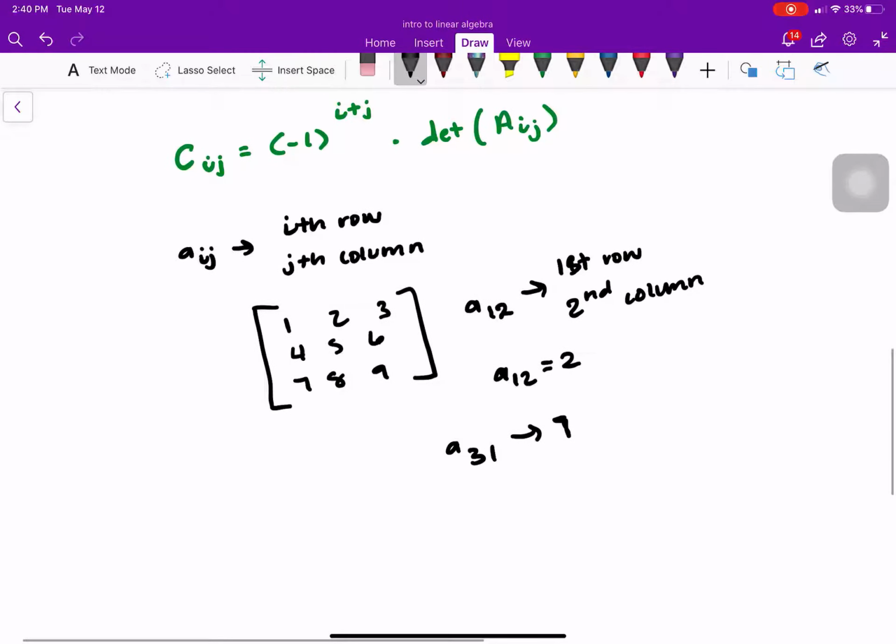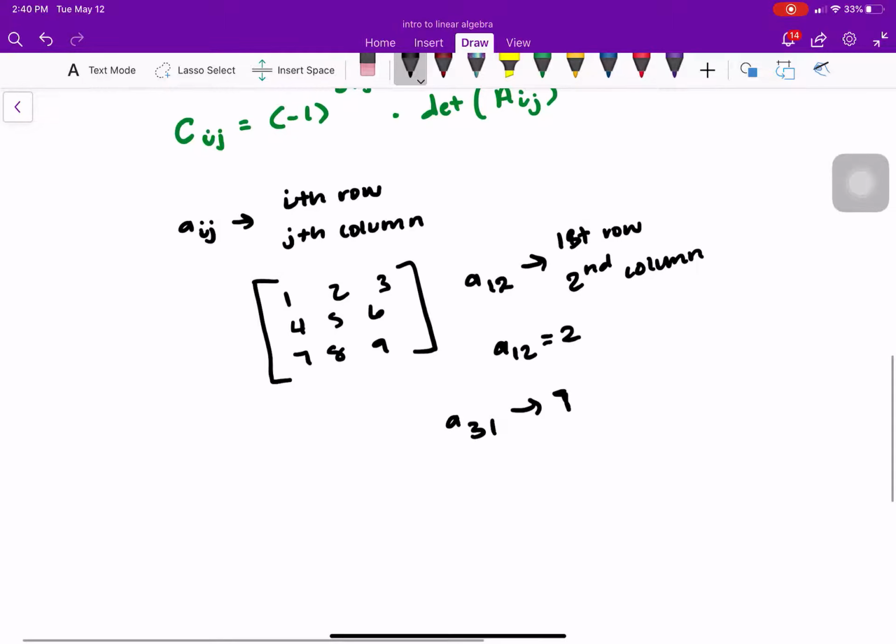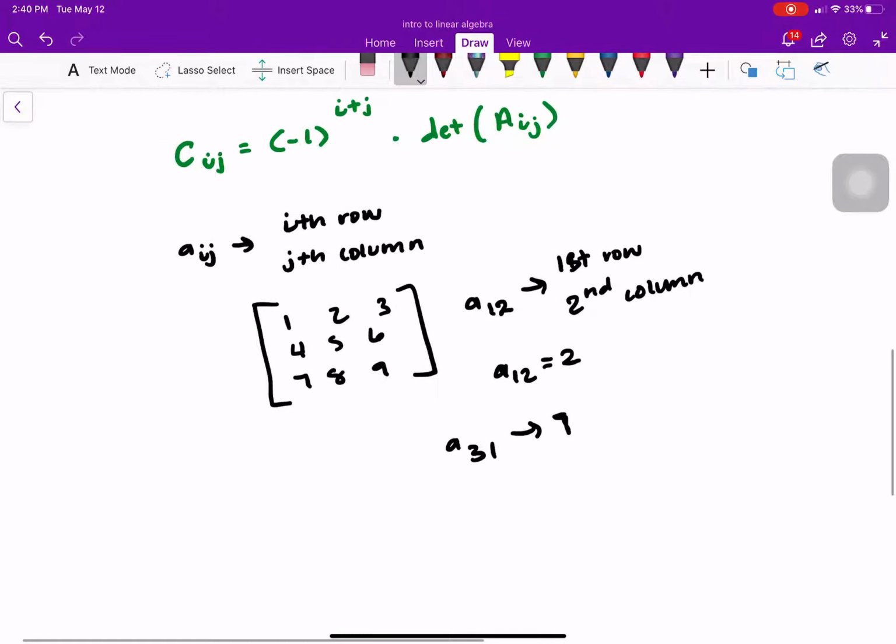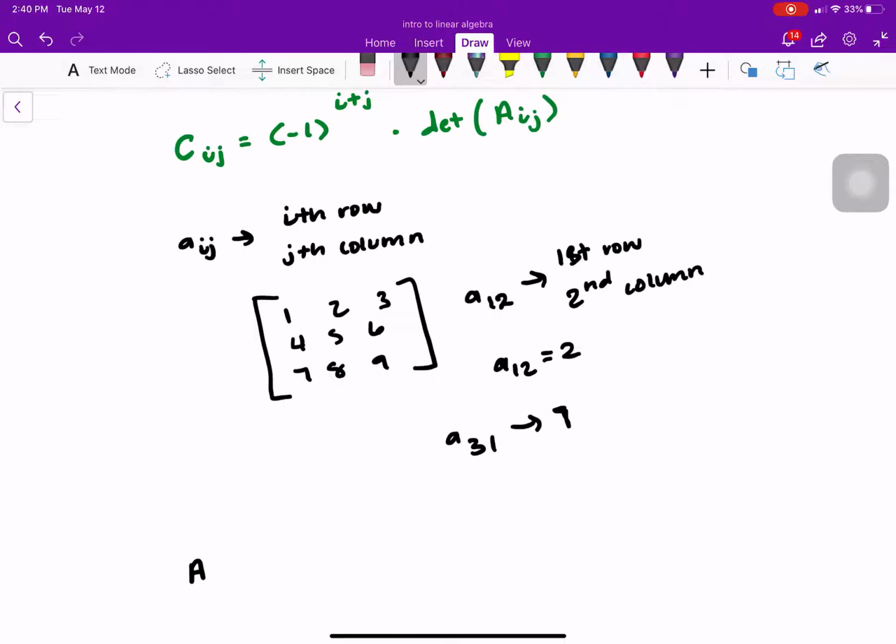So that's the lowercase a_ij, the element in the ith row and jth column. But if we have a capital A_ij, this is kind of equal to the original matrix A minus the ith row and minus the jth column.